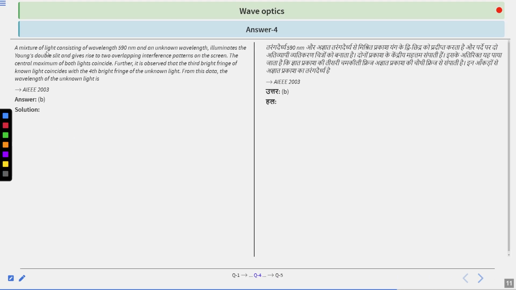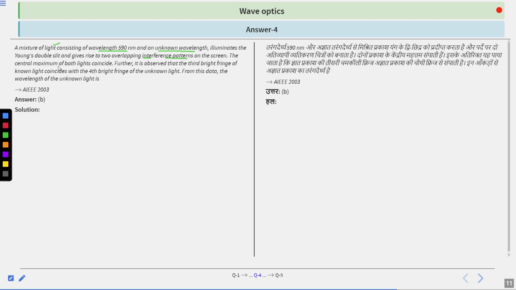A mixture of light consisting of wavelength 590 nm and an unknown wavelength. So this question tells us that a mixture of light consists of two wavelengths, the first is 590 nanometer and the second is unknown, illuminating the Young's double slit and giving rise to two overlapping interference patterns on the screen.